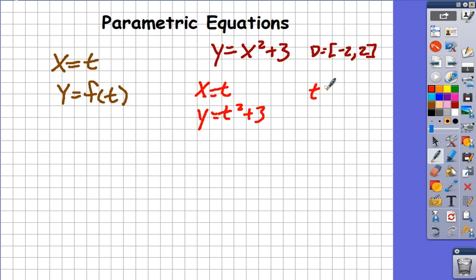Notice brackets, so it is 'or equal to': t is from -2 to +2. That is probably the easiest way to write a regular equation as a parametric equation. Simply say x is t, y equals that function with the x replaced by t, and then your domain is the same for your t restrictions.